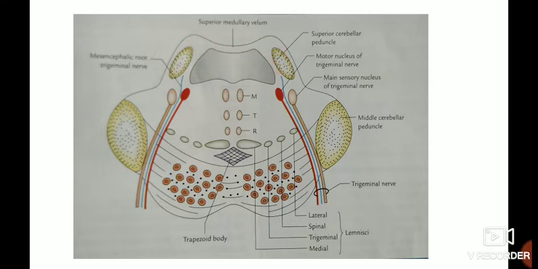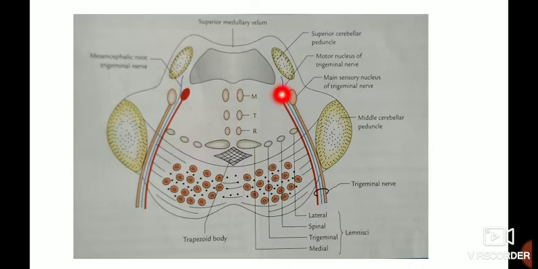Now, the gray matter in this section: we will only find the main sensory nucleus of the trigeminal nerve and the motor nucleus of the trigeminal nerve medial to it. At this level, the 7th, 6th and 8th cranial nerve nuclei will be absent.